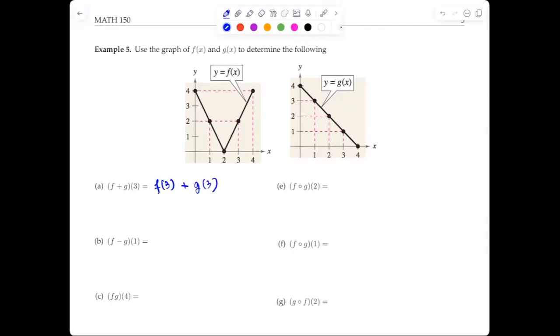And then from here, you look at the graphs and give me the values. So f of 3 is equal to 2. Yes, x equal to 3, f of 3 equal to 2. And g of 3 is equal to 1. Then add the two values together to get the answer. So f of 3 is 2 plus g of 3 is 1. That gives me 3.